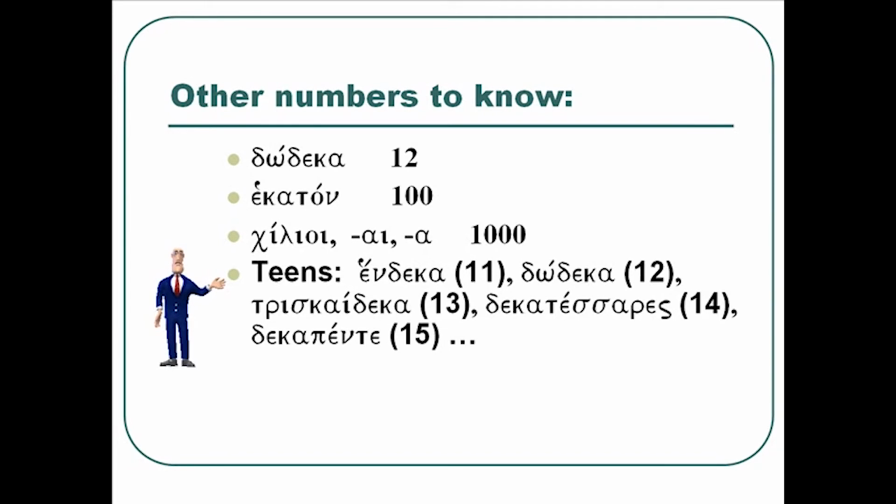Triskaideka: here you see tris, 3, and deca, 10, becomes 13. Decatesseres is deca, 10, plus tesseres, 4. And decapenta is deca plus penta, 10 plus 5 is 15, and then it goes up from there.